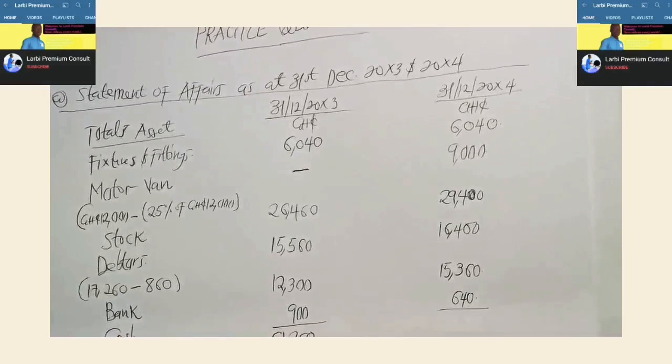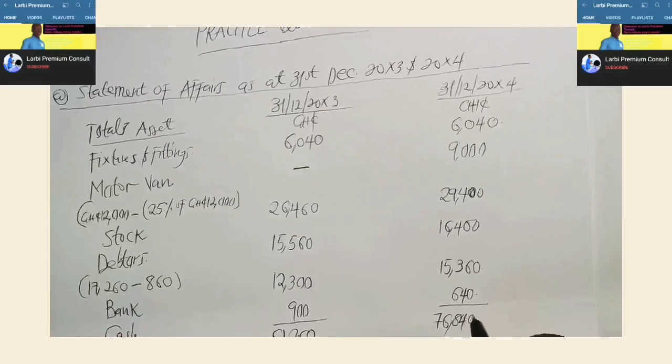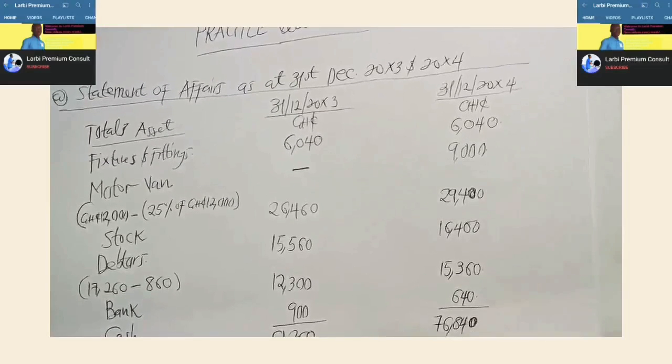You can also compute for that, and let's see. Then that of 20x4, I had 76,840. Please try to use your calculator and compute, and let's see whether you're going to have the same thing, so that you are sure that the figures are right.